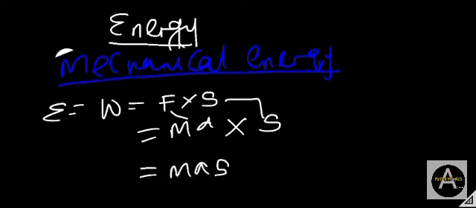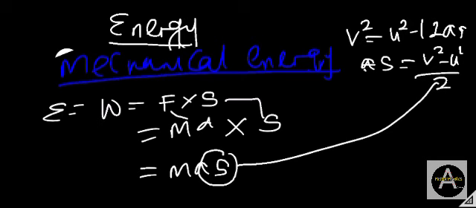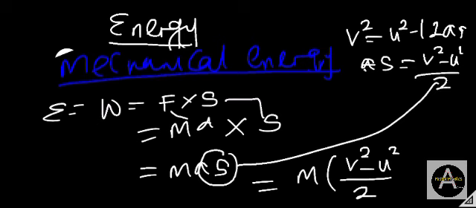We know that from the equations of motion, from the third equation, v squared is equal to u squared plus 2as, right? Now if we make as the subject of the formula, as will be equal to v squared minus u squared all over 2. So if we substitute v squared minus u squared over 2 into this place, it becomes ma multiplied by v squared minus u squared all over 2.